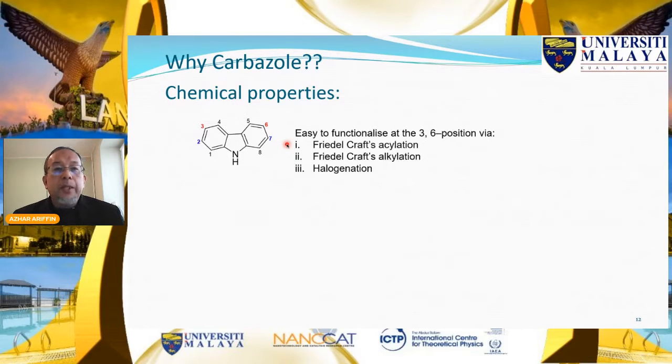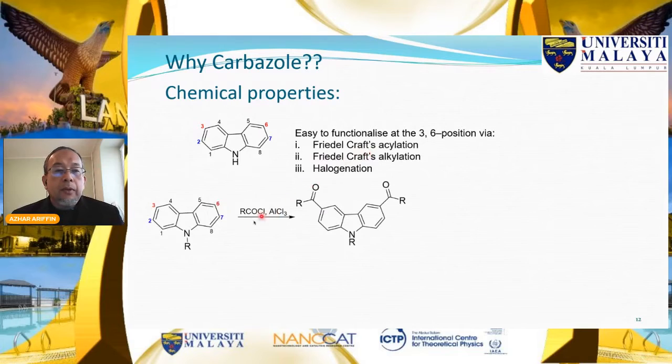For example, you can easily do Friedel-Crafts acylation. This is just undergraduate chemistry; most of you who take organic chemistry should know this reaction. It will go substitution at position 3 and 6 using aluminum trichloride as the Lewis acid.